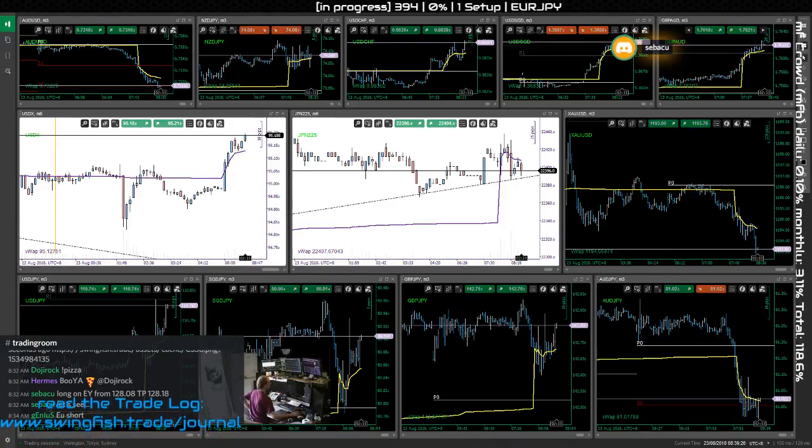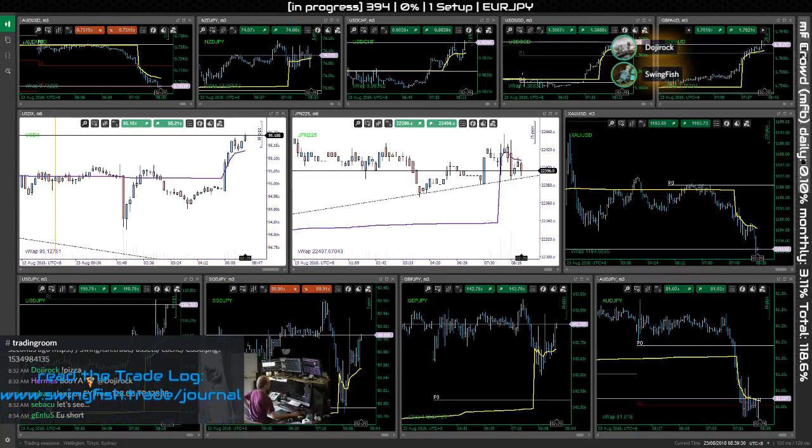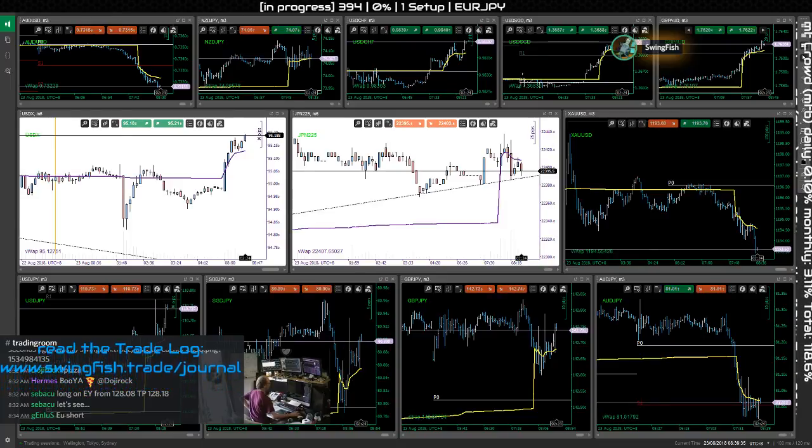Seems that the resistance is holding for dollar. Yeah, it's kind of strange. Euro yen gonna have resistance at 128, 149.